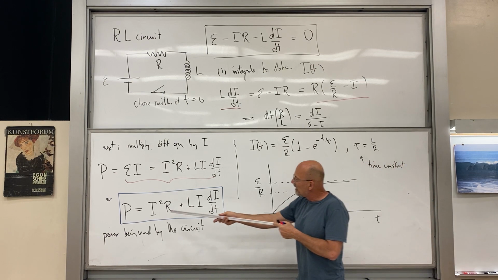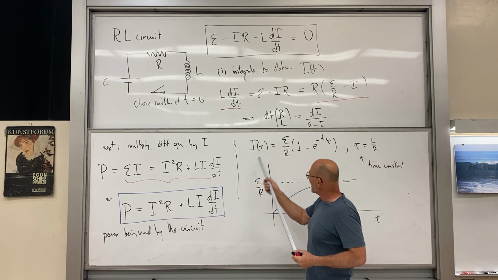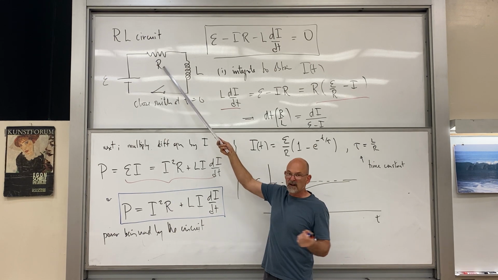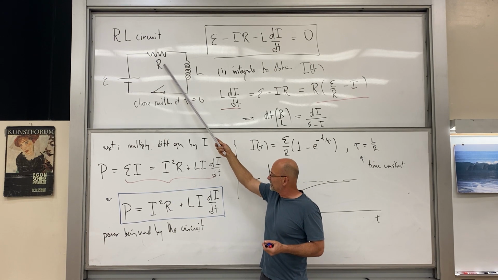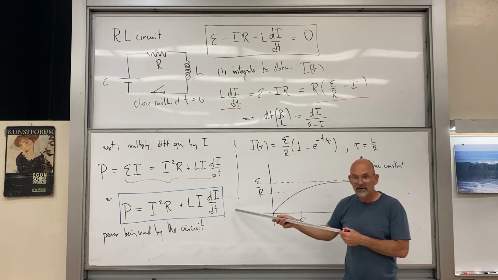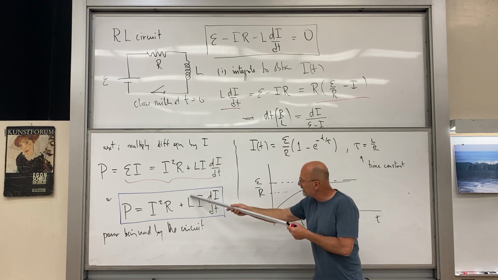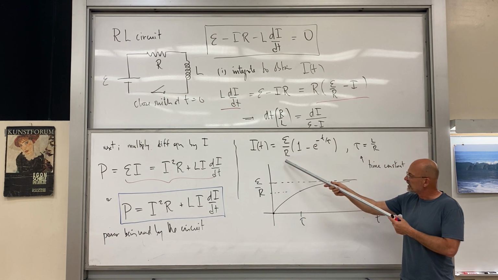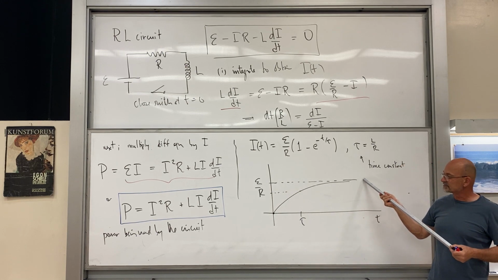As time goes on, you're going to end up with a constant current, and therefore this resistor is going to be burning constant energy, producing constant heat. And this term is going to vanish eventually because di dt is going to go to 0, because this is going to turn into a constant.